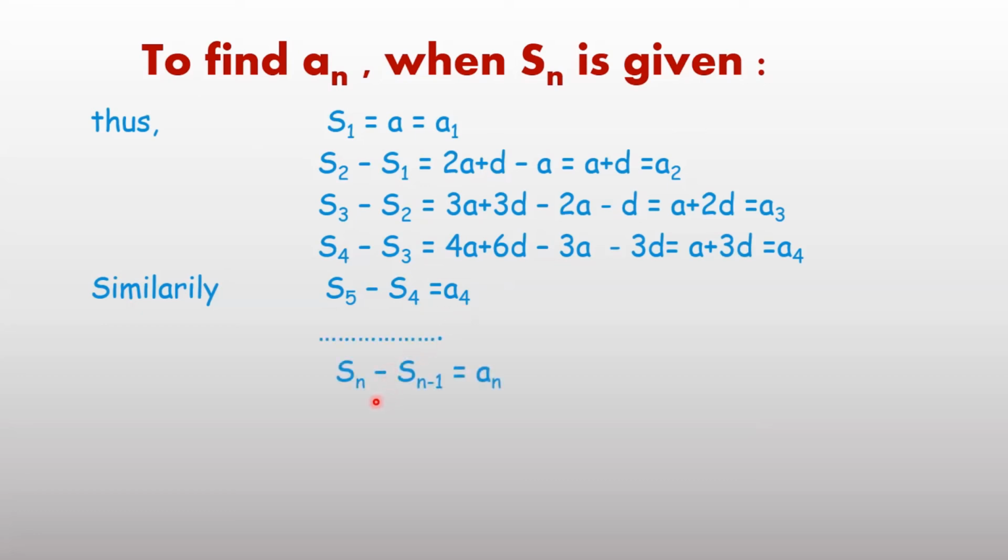Or similarly, you can write Sn minus Sn minus 1 equals an, the nth term. Whenever the sum of n terms is given, you can follow all the steps, or directly you can write the nth term of AP equal to sum of n terms minus sum of n minus 1 terms. Using this formula, you can find the nth term of AP whenever the sum of n terms is given.